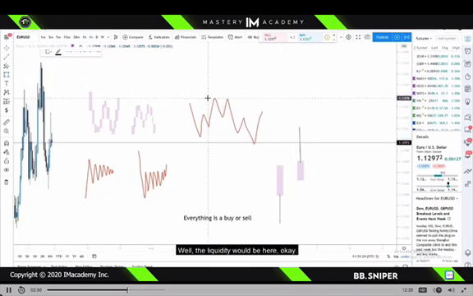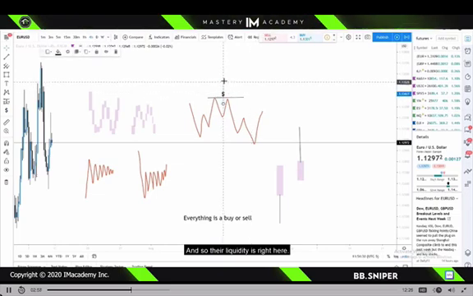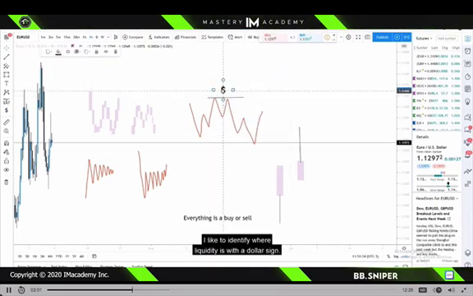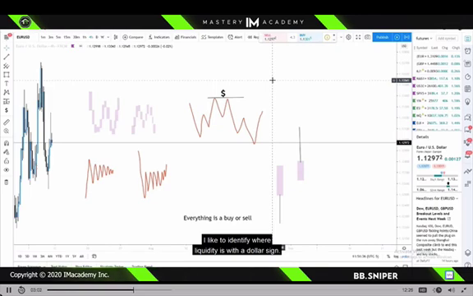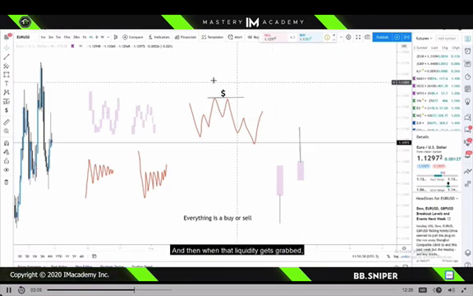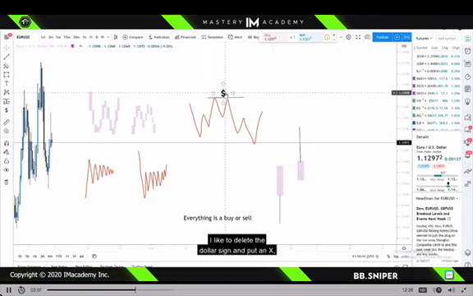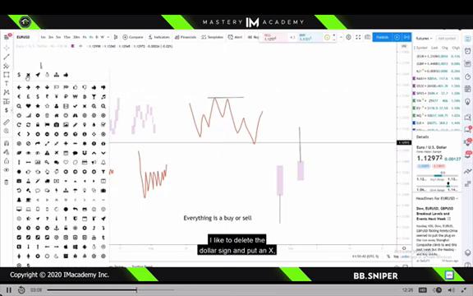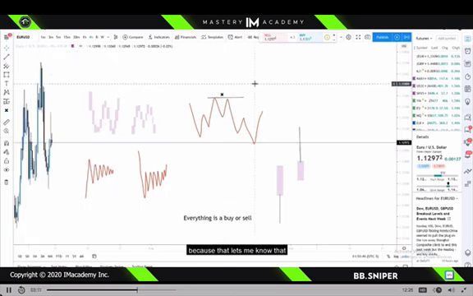Well, the liquidity would be here, okay, because people sold, okay, and so their liquidity is right here. I like to identify where liquidity is with a dollar sign, and then when that liquidity gets grabbed, I like to delete the dollar sign and put an X, because that lets me know that that liquidity has been grabbed.